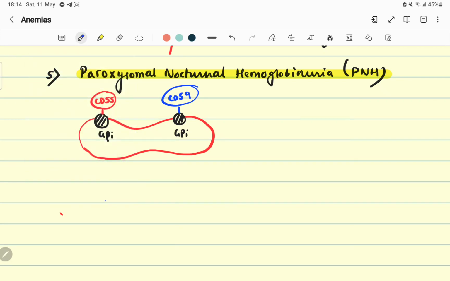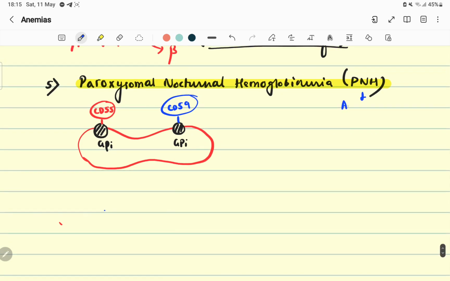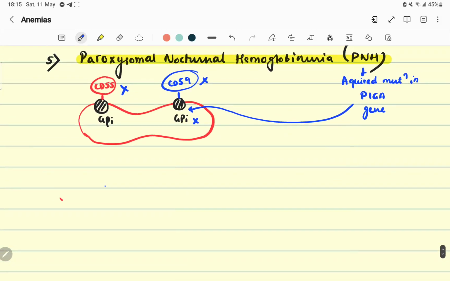Here in PNH, what happens is that there is an acquired mutation in the PIGA gene, which codes for this GPI. So if there is a mutation, this GPI is destroyed, the CD59 is destroyed.